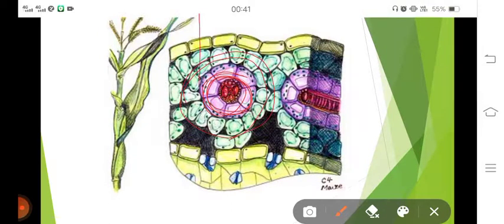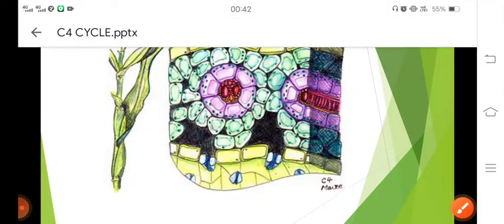The mesophyll cells fix the atmospheric carbon dioxide and convert it into a 4-carbon compound called oxaloacetic acid, which is given to the bundle sheath cells. There the bundle sheath cells have the Rubisco enzyme, which fixes the carbon dioxide and converts it into glucose. How that happens exactly, we will be seeing now.